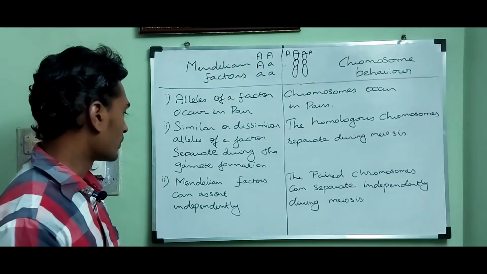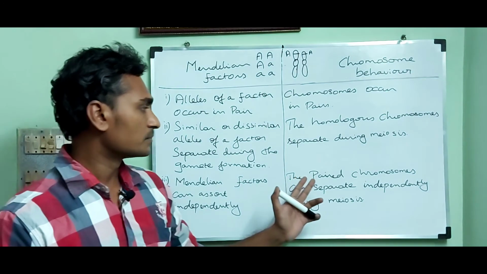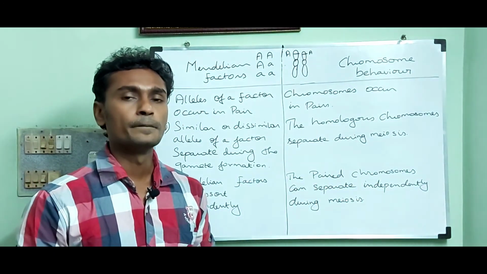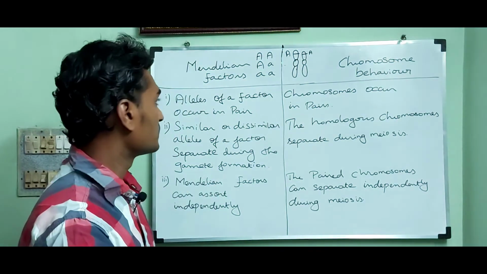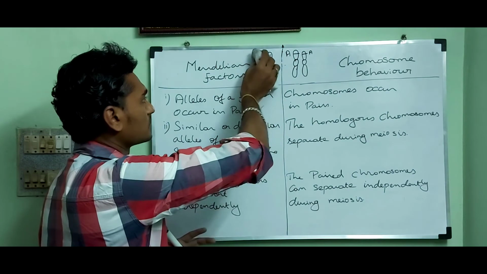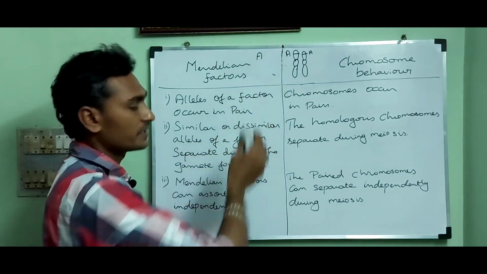Then the third point, Mendelian factors can assort independently. The paired chromosomes can separate independently during meiosis. So please consider this is a dihybrid cross. Here we have capital A, small a.